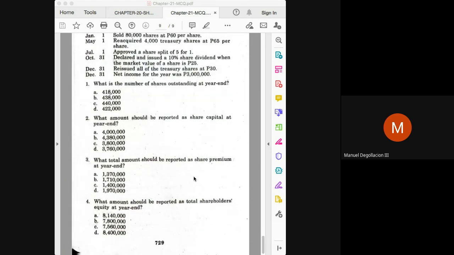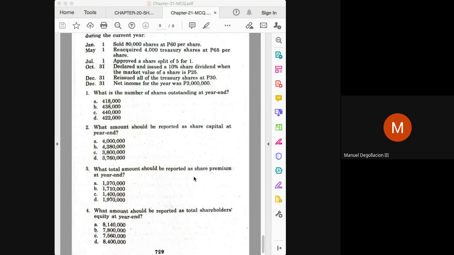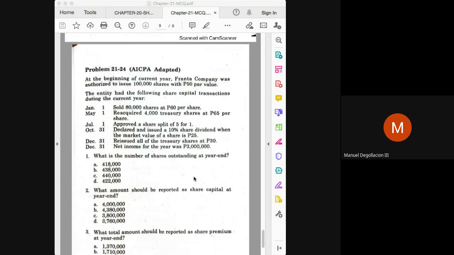Okay, we'll answer number 2, 3, and 4 first. And just as what we did in the previous problem, we'll try to generalize these transactions. Sold 80,000 shares at 60 per share. The par value is 50. So 80 times 60, this would give us 4,800,000.